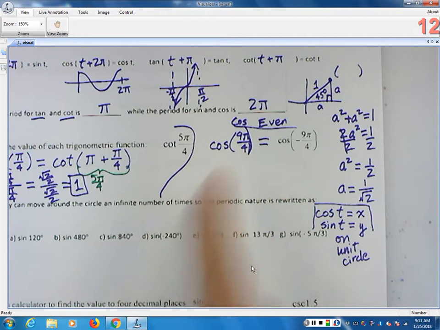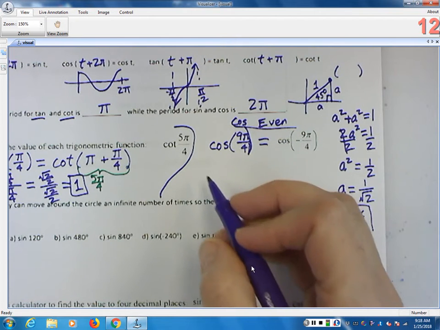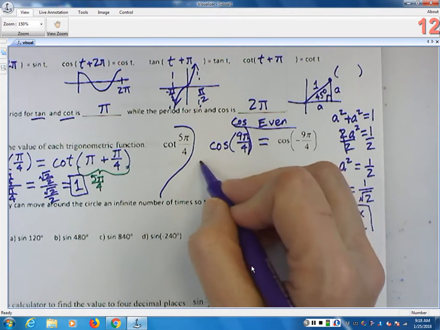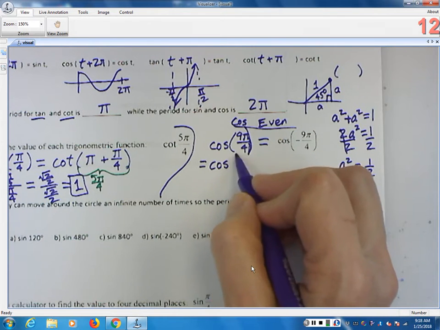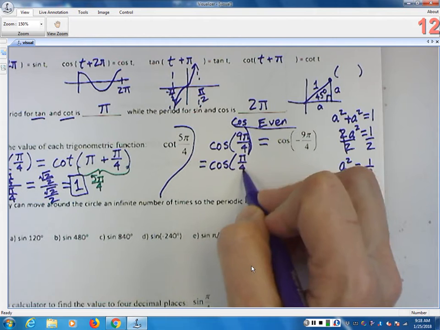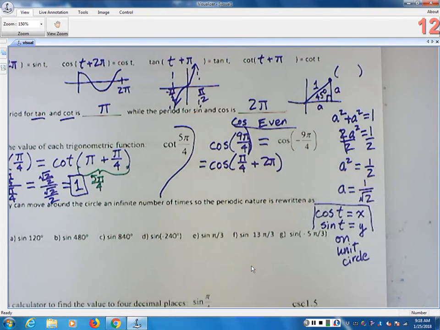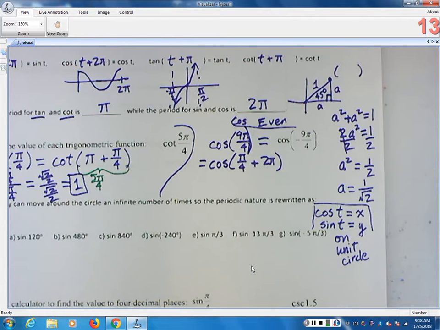And then cosine has a period of 2 pi. We can rewrite 9 pi over 4 as cosine of pi over 4 plus 2 pi. 2 pi is 8 pi over 4, that's 9 pi over 4. And that's periodic.